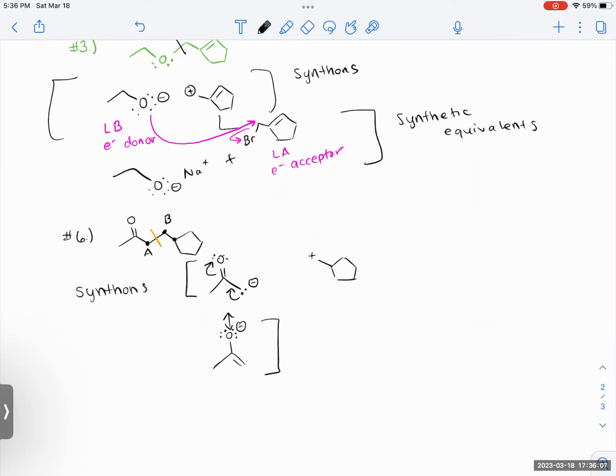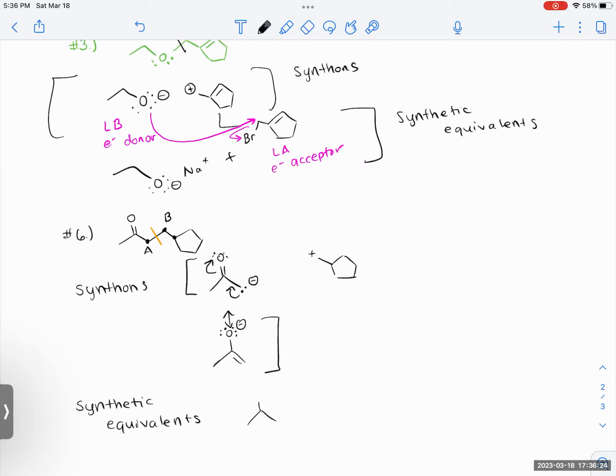And then for our synthetic equivalents, we would just need to draw this. You could draw it either way, but you need to make sure that you're showing it's stabilized.